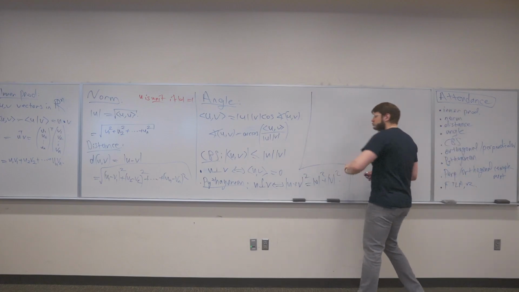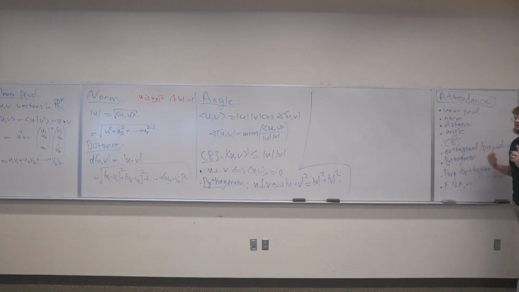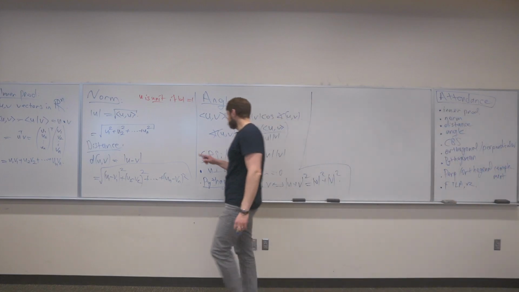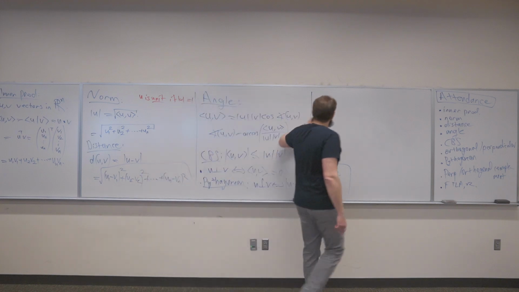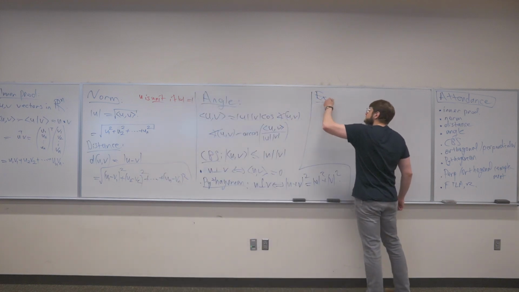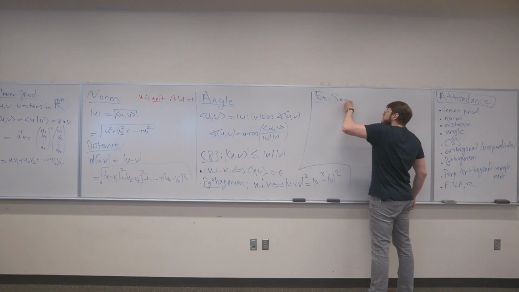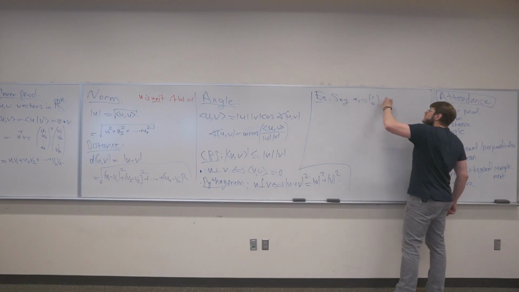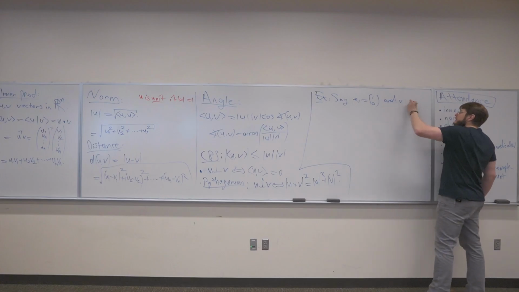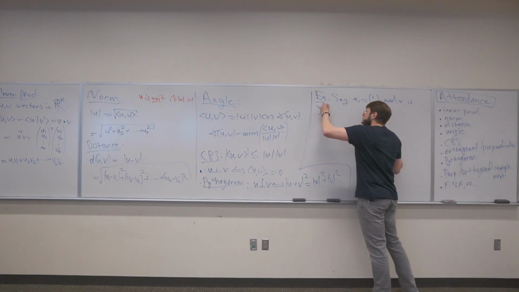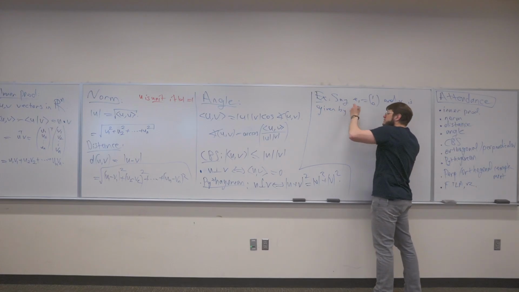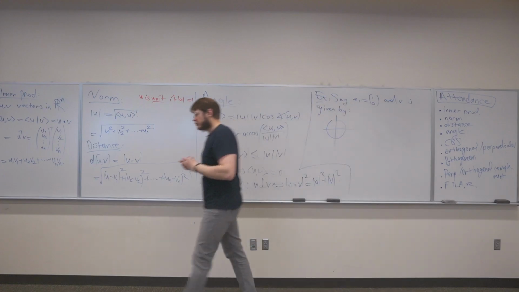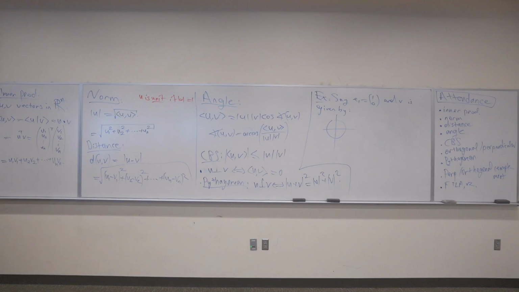First, I'm going to do it in two ways. I'm going to do it once using trig and basic geometry, and then again using inner product stuff. So say E1 is (1, 0), and V is given by the picture. That's my unit circle on the plane.